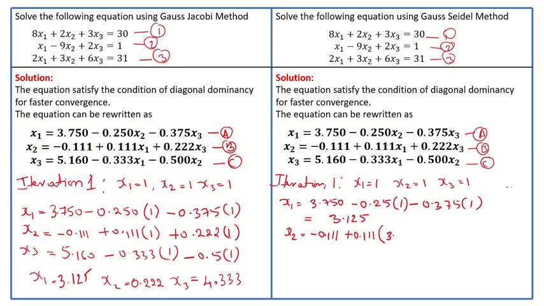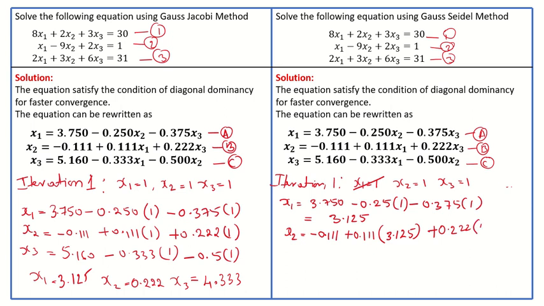Instead, I will put the new value of x1, that is 3.125, which you got just before this equation. So this x1 is updated to 3.125. So I am going to put the new value. Okay, minus, sorry, plus 0.22 x3.